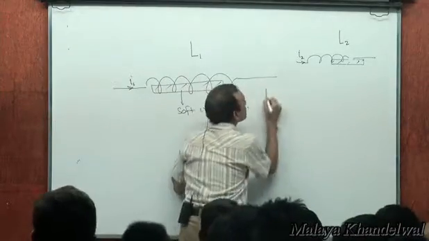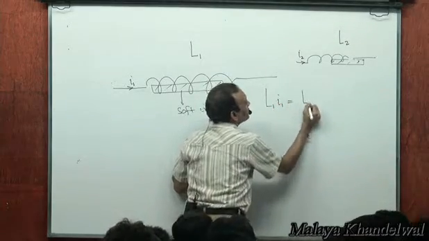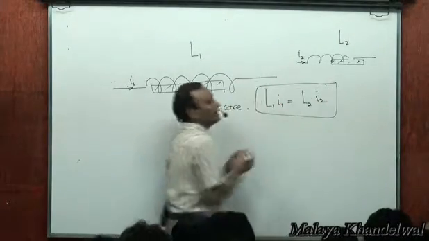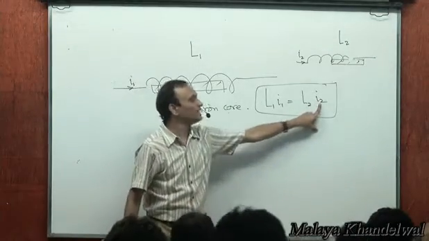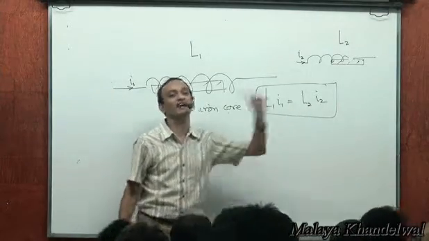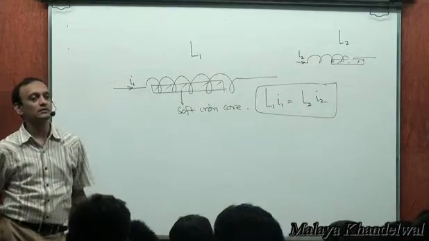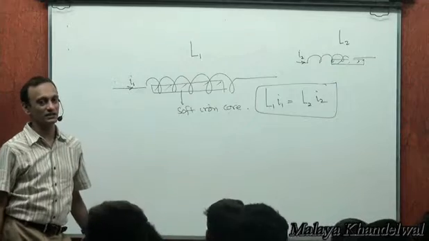So L1 I1 will be L2 I2. If L is changed to L2, I will change to I2 such that L1 I1 equals L2 I2. It's synonymous with the conservation of linear momentum in mechanics.